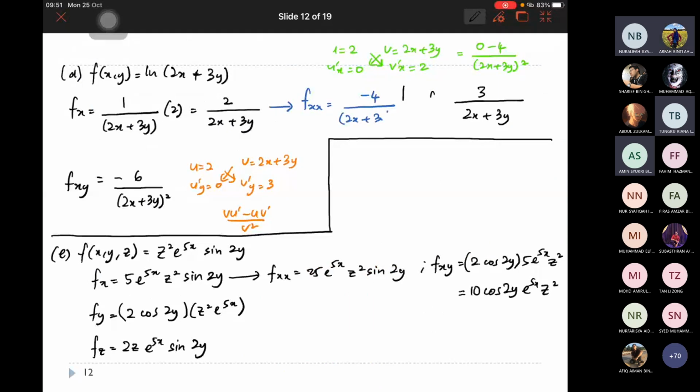So from here, if you want to find fyy, bezakan 2 cos 2y terhadap y.